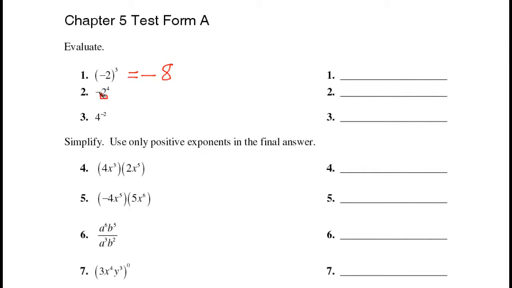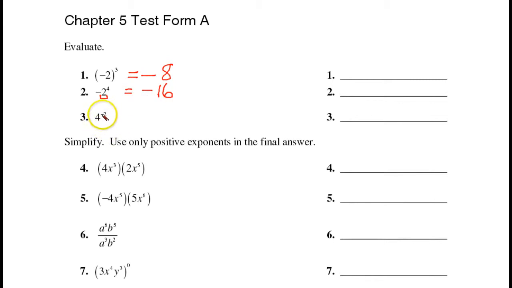The negative is not included. So when we raise 2 to the 4th, we get 16. And then we apply the negative. So this is a good little review here initially to show you the difference between these two types.